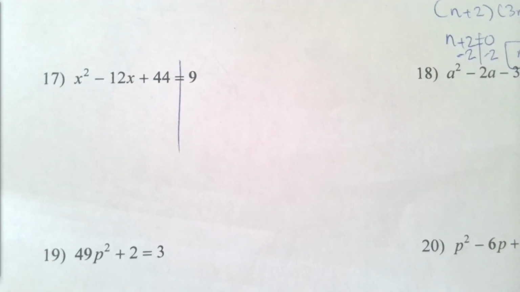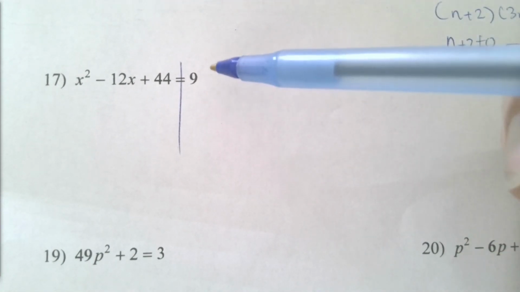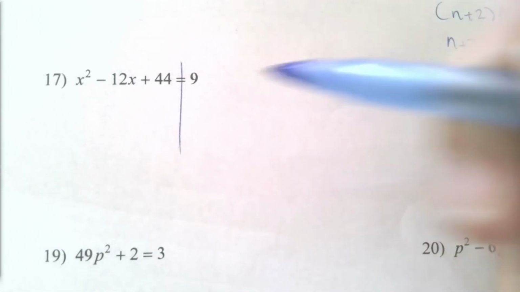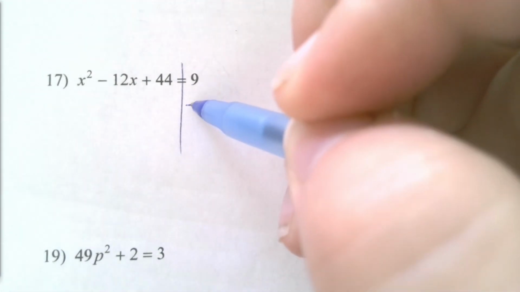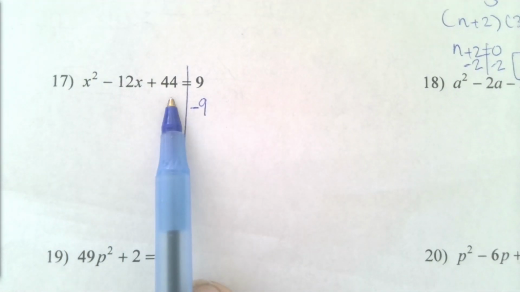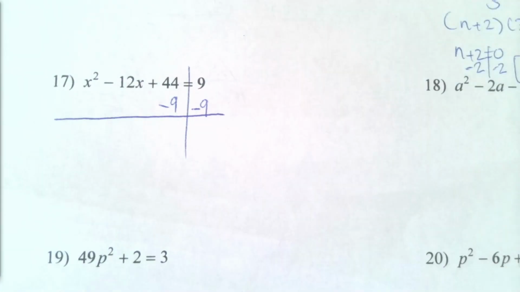What do I got to move? The X's. Nope. What do I need this side to be? 0. How do I make this side 0? You subtract 9. Does the 9 go with the x squared, the 12, or the 44? 44. Good. And that's all I'm going to do on that question. You guys can handle it from there.